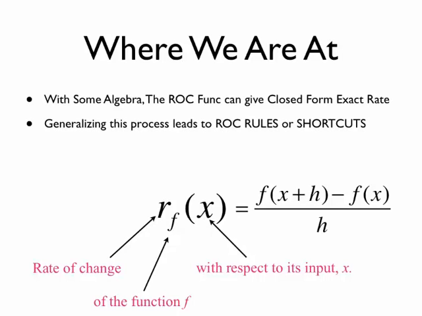When we generalize that process, it's going to lead to rules or shortcuts for finding closed form rate of change, and that's what the mastery test is about: learning these shortcuts or rules that immediately give you closed form exact rate of change from accumulation.